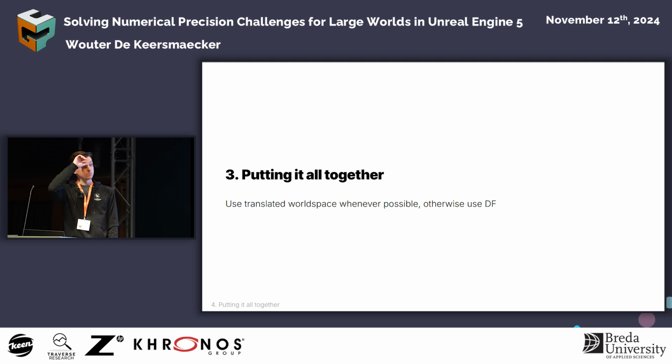The general strategy that we used, that was quite successful, is to use translated world space whenever possible, and then when caching or absolute world space really is required, then we use double float. So I'll demonstrate that in a minute with the example of drawing meshes, but this strategy really has worked for a variety of systems that I've looked at, such as Nanite and vertex factories, but also more general representations of the scene on GPU, like geometry and lights, both for reading and writing, for primitives and instances, on mobile and on desktop.